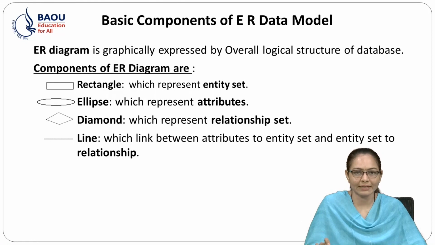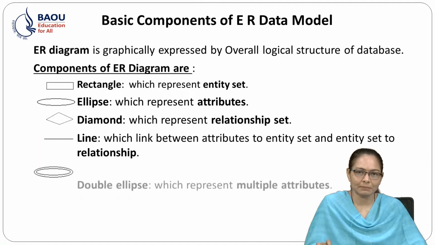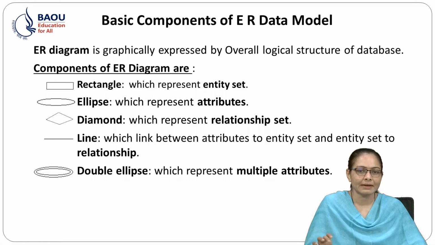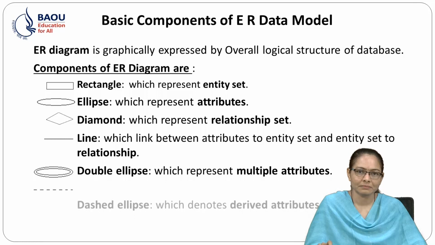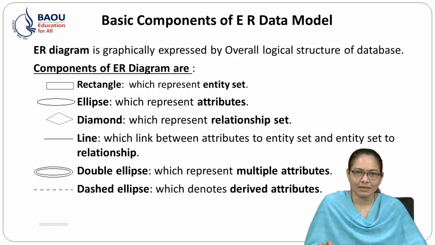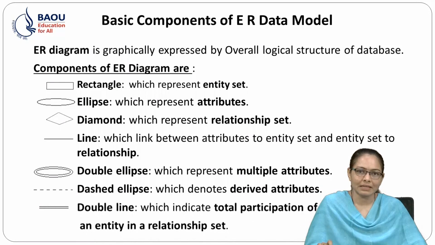The double ellipse represents multivalued attributes. The dashed ellipse represents derived attributes, and the double line represents the total participation of the entity set in the relationship.